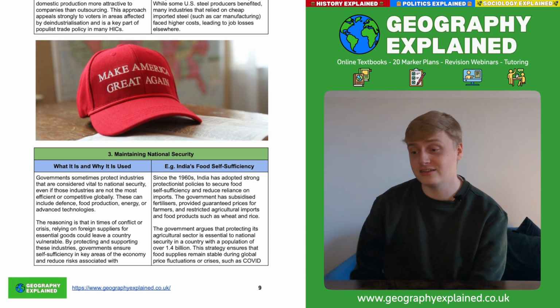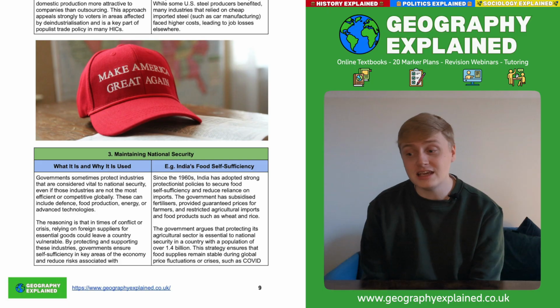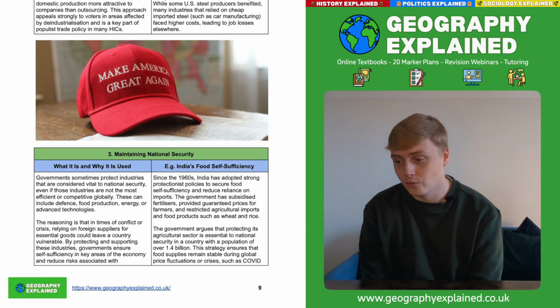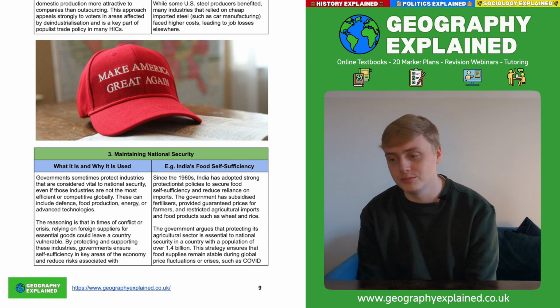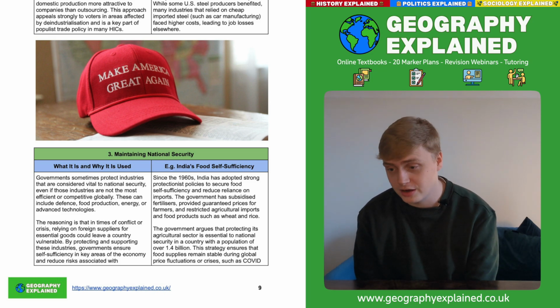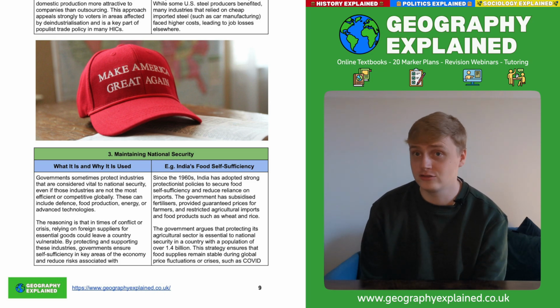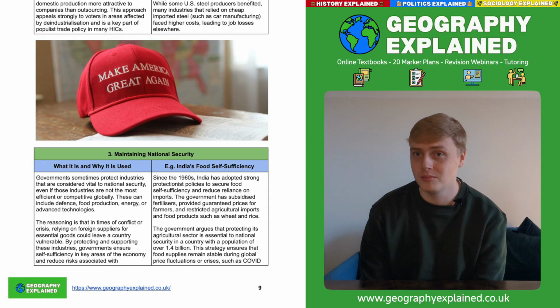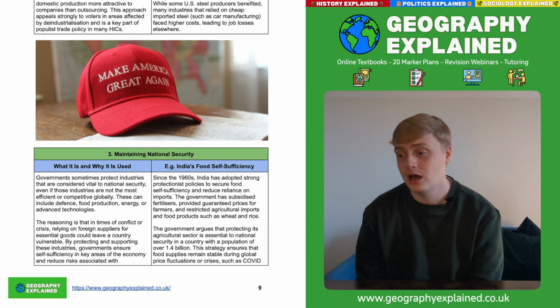National security is another one. Some countries simply see some industries as so important for themselves, especially in times of conflict or crisis, for example, where they don't want to have to rely on foreign food. So if in a war with a lot of other countries, you don't want to be relying on food imports, for example, or energy imports, oil, for example.